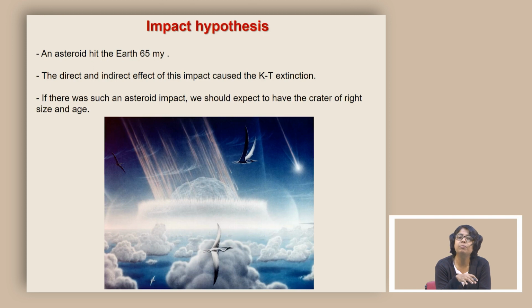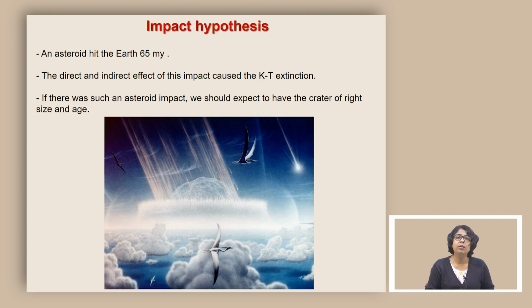But around that time, the Earth was hit by a large asteroid, and because of this impact, there were some direct effects that changed the atmosphere, and indirect, relatively long term effects, which also impacted the atmosphere. A combination of these things led to the wide scale collapse of the ecosystem and caused the extinction. So, this was the hypothesis that the Alvarez put out.